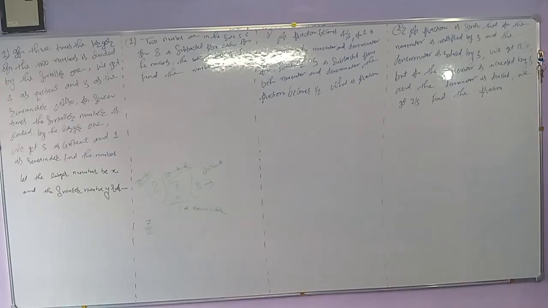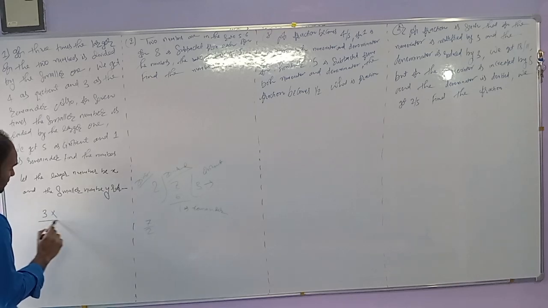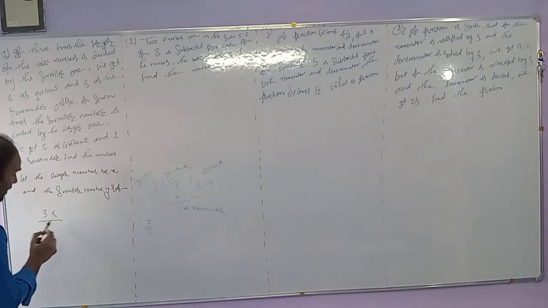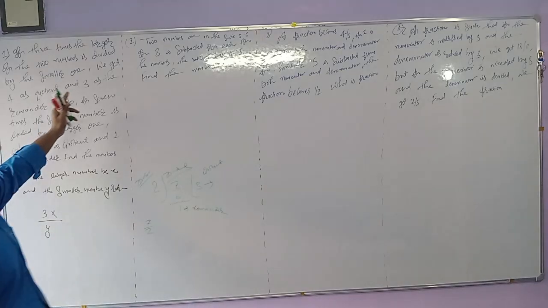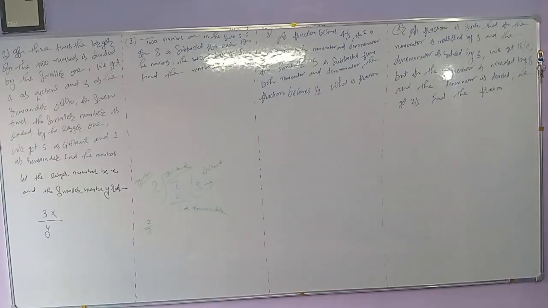Then 3 times the larger of the two numbers, that means 3 into x, is divided by the smaller one, that is y. We get 4 as a quotient and 3 as a remainder.